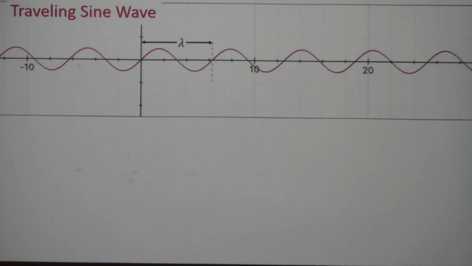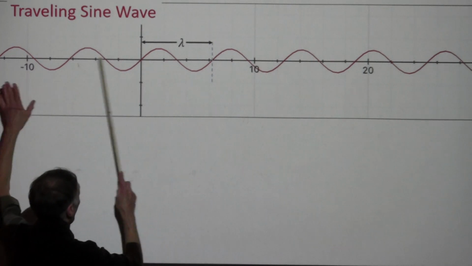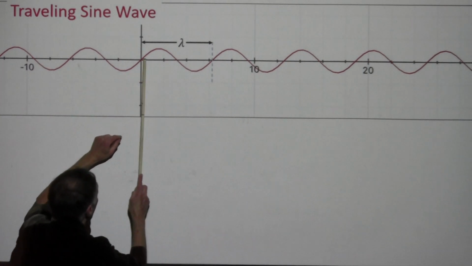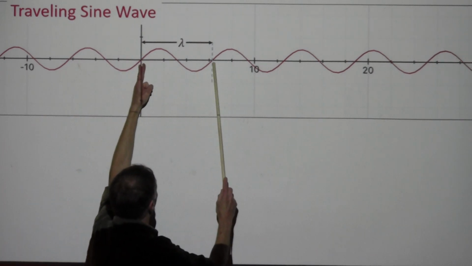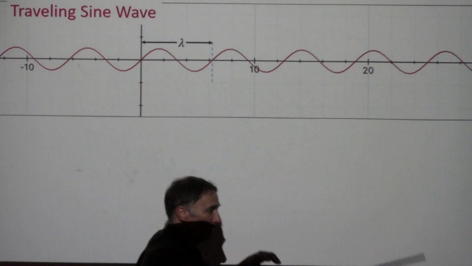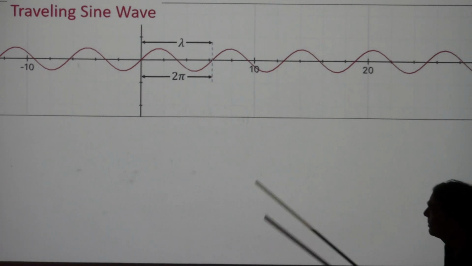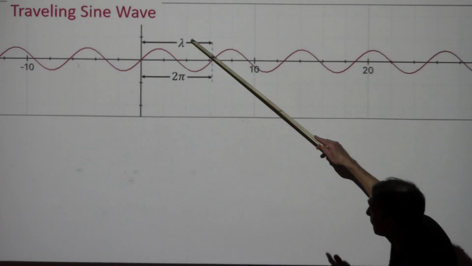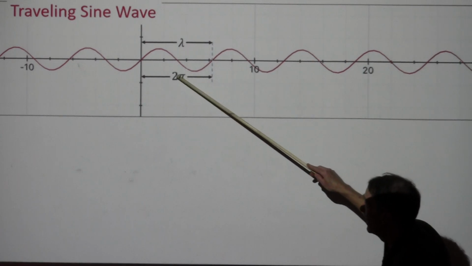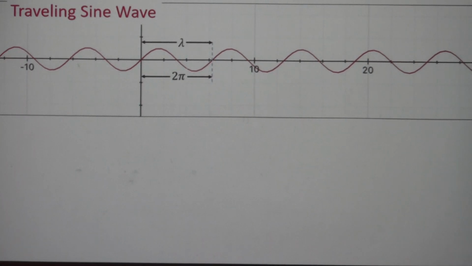If we're looking at an actual wave, this could be like a cross-section of a water wave or a string wave moving here, there will be a wavelength to it. And again, the wavelength is a physical distance. You can talk about so many meters or so many centimeters. But if we're going to translate it in terms of an angle, one full wave would be translated to 2 pi.